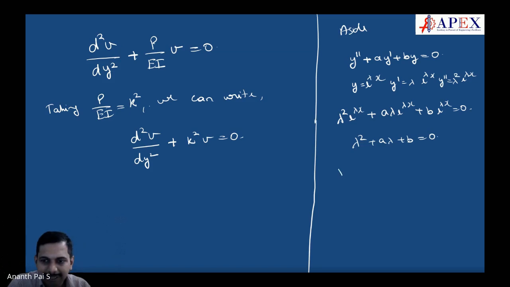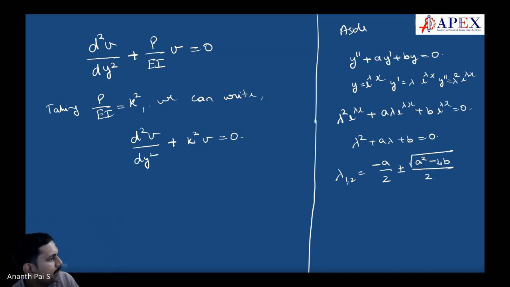There are two roots of the quadratic equation. So lambda 1, 2 is equal to minus a by 2 plus or minus square root of a square minus 4b, divided by 2. How did we get that? We solved the quadratic equation.